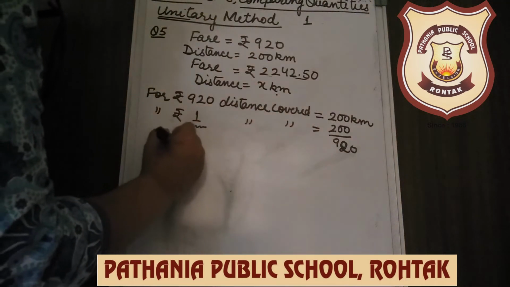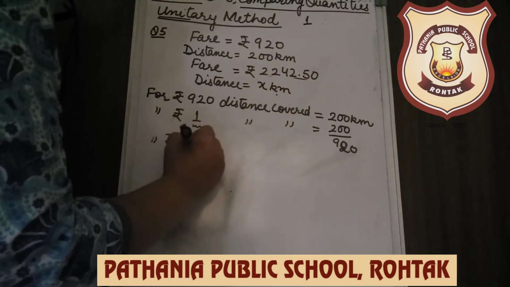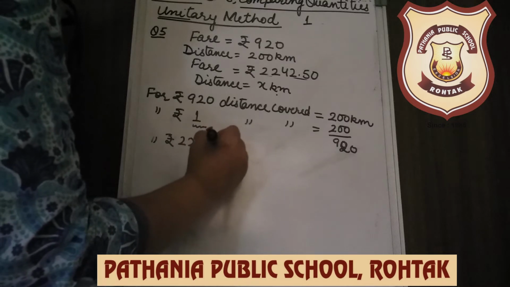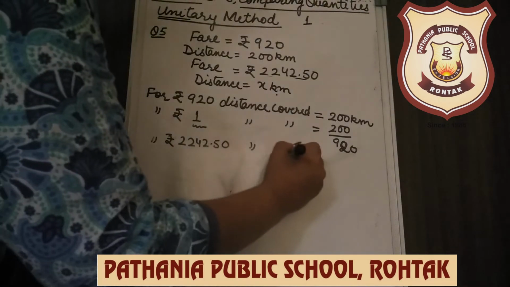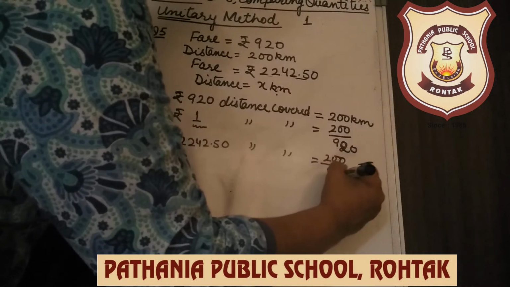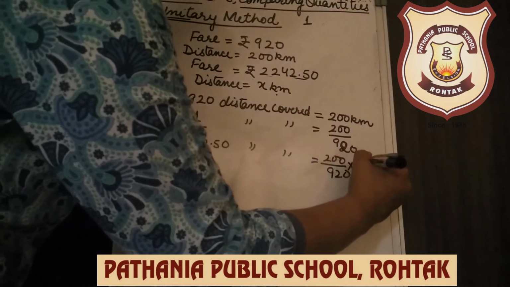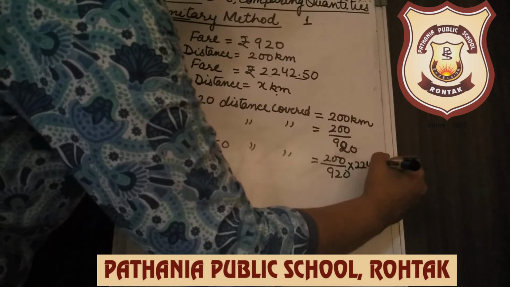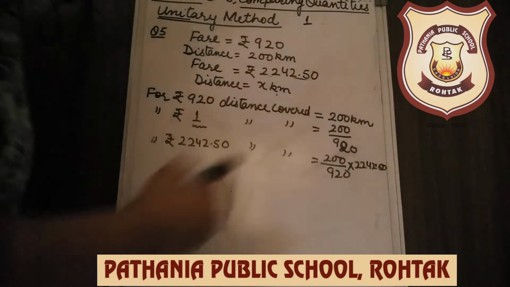So for rupees 2242.50, the distance covered is going to be 200 upon 920 into 2242 and 50 paise.